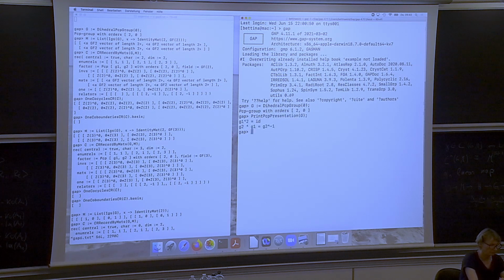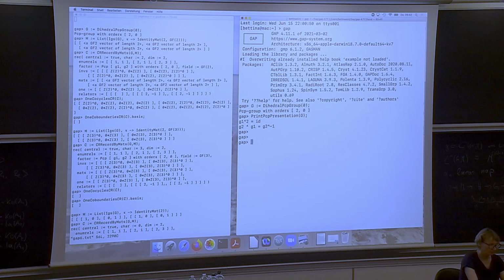This is the group where the first generator has order 2, the second generator has infinite order, and the conjugate of the second by the first is the inverse of the second. This is this nice matrix group that we have seen yesterday, and we are trying to use it for cohomology computations now.